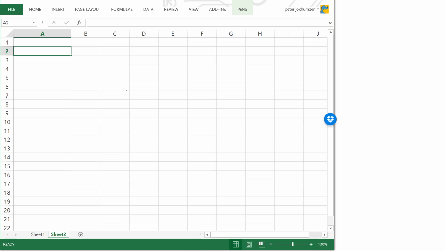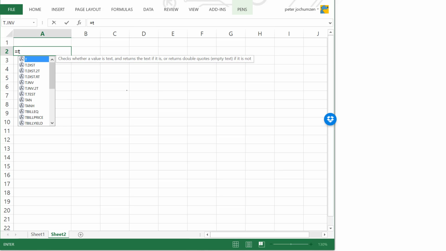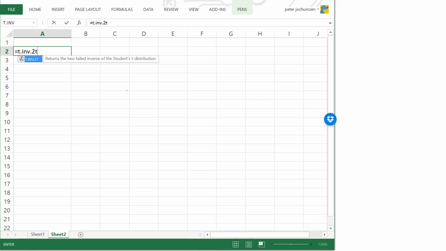Let's see how we can do it in Excel first of all. I can use the function equal to t-distribution. This is the inverse problem because I know the probability, so I need the inv. I'm using both of the tails. Both of the tails should have a total area of 5%, so I do the two tails. If it's only one tail, then I just use the other one.